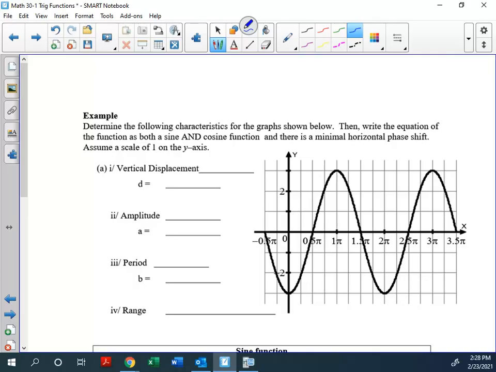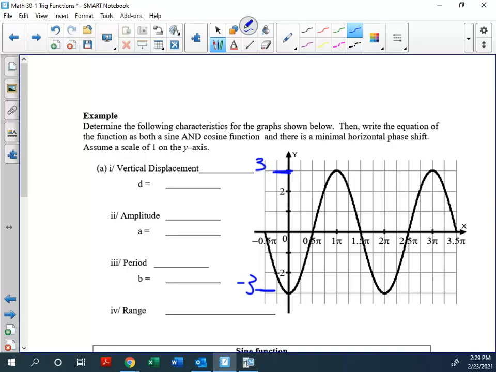Okay, so I give you the following graph, and we're like, okay, we want to come up with the equation. The best things you can pull out, ladies and gentlemen, where's your maximum and where's your minimum? I've got a maximum of 3, I've got a minimum of -3.